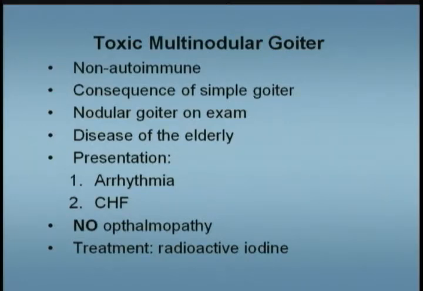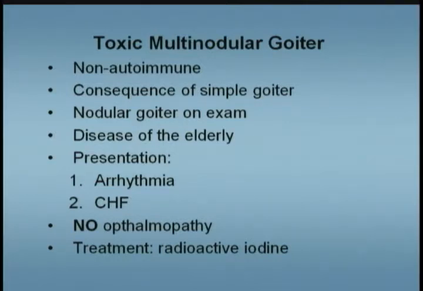And then the other one is congestive heart failure that presents as high output heart failure. Patients that are older also have a lot of comorbid conditions, so they have other coronary heart disease or hypertension, and now they have the high output state, and it puts them in heart failure. As I said, there's no ophthalmopathy in these patients.